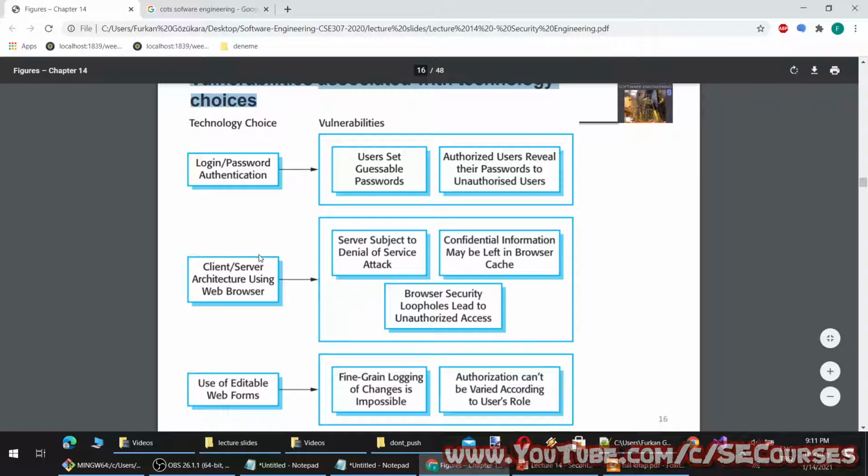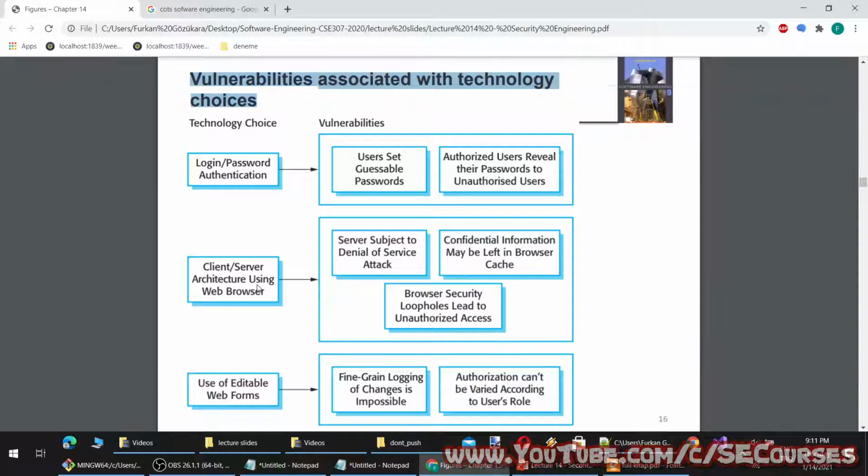And another technology we chose: client-server architecture using a web browser. We could also choose a specially developed application. However, we chose the readily available one, web browsers. The server is subject to denial of service attack because everything is exposed to the public. Confidential information may be left in the browser cache.